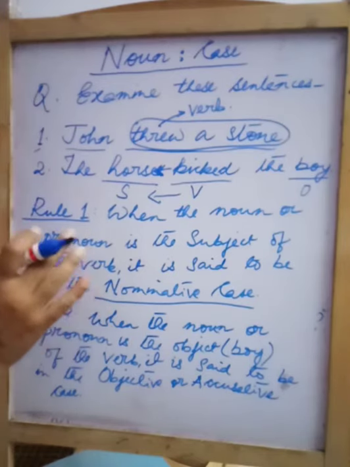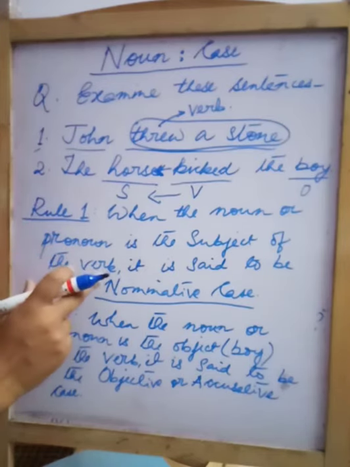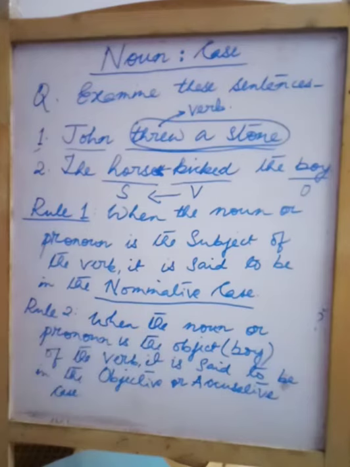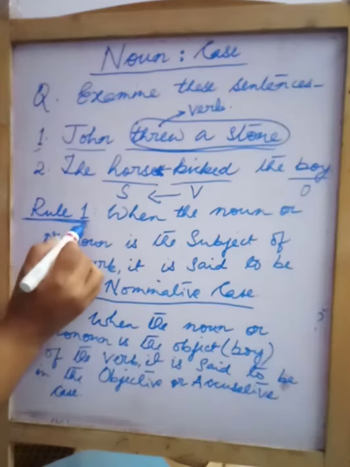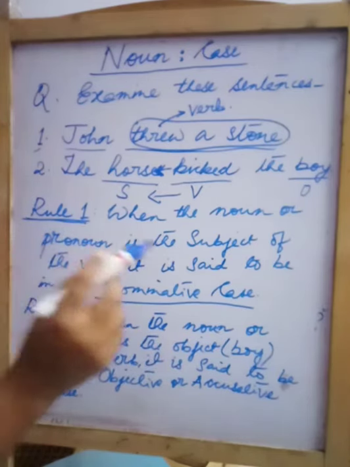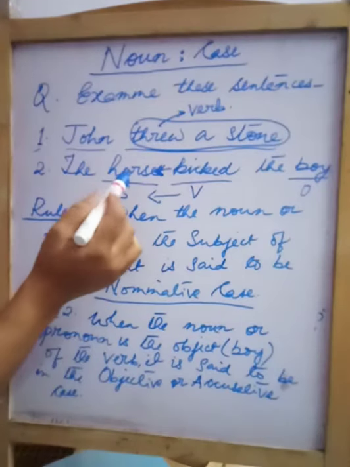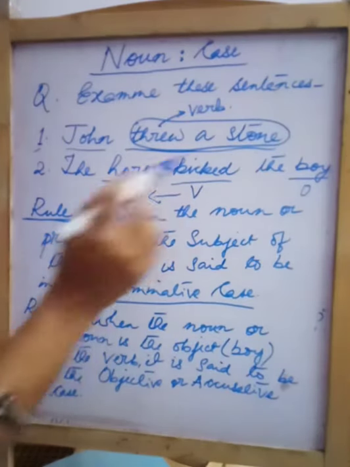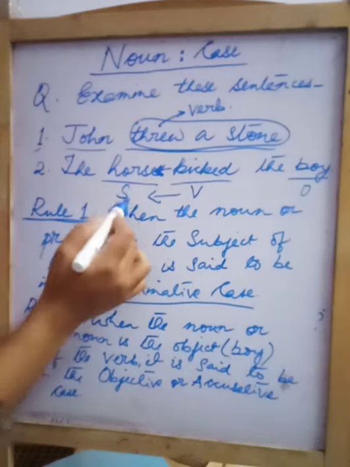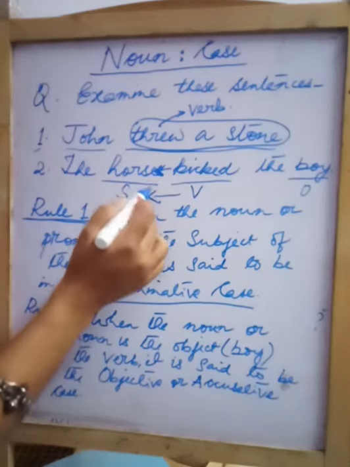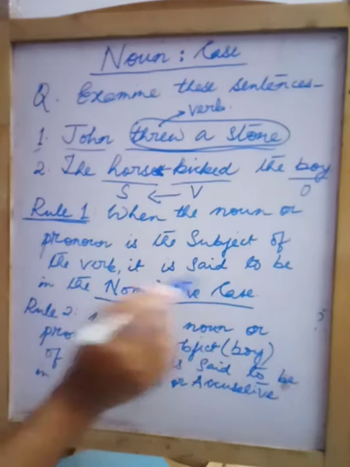How will you determine whether it is a nominative case or an objective case? In rule 1, when the noun or pronoun is the subject of the verb, like in the horse kicked the boy, the subject of the verb is horse, so it is the nominative case.